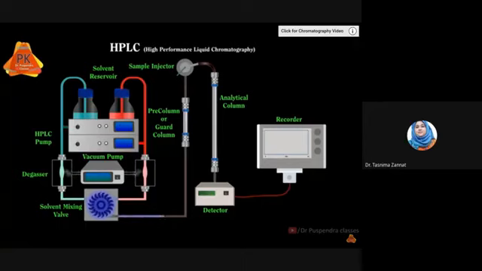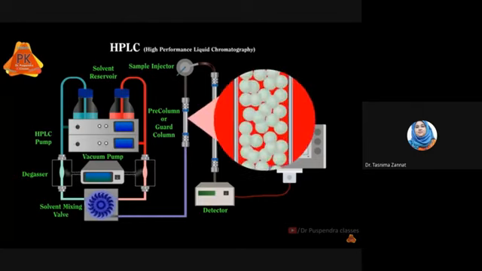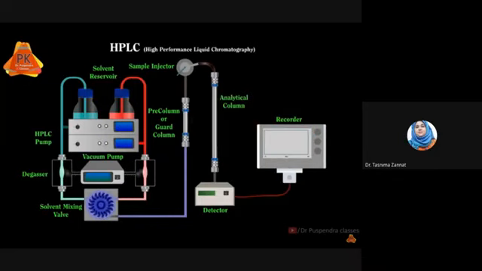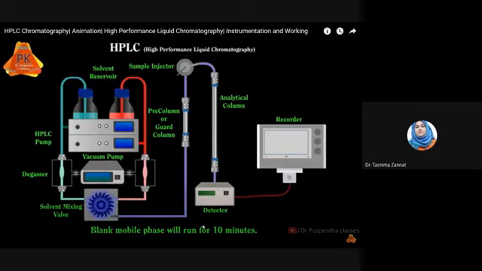Now this mobile phase will run towards the pre-column or guard column. So this guard column will remove any kind of impurity present in the mobile phase and protects analytical column from the impurities. In next step, mobile phase will further move towards the analytical column, then detector. In this condition, blank mobile phase will be run for 10 minutes at least, which gives proper conditioning of the HPLC instrument.